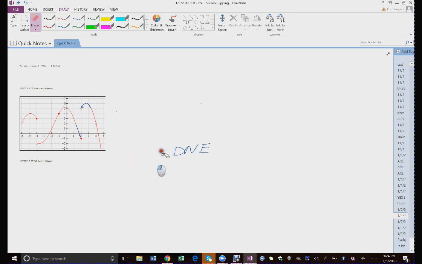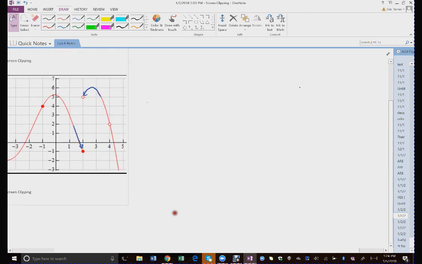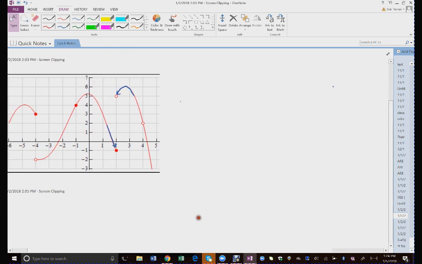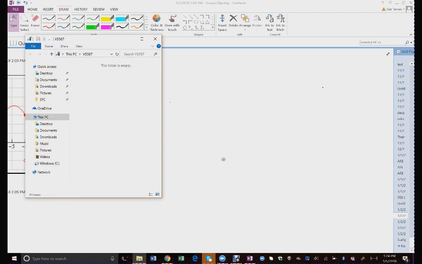So let's talk about what we were just looking at a second ago as x approaches 2. I'm going to write this as both a left-hand limit and a right-hand limit.